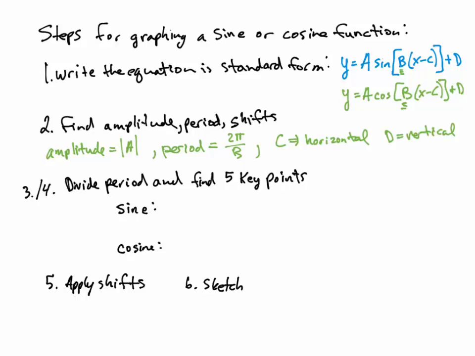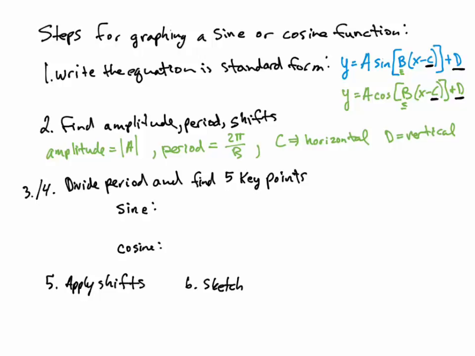Now if we can think back to the transformations we saw in section 2.7, all of these items, the a value, the b value, the c value, and the d value, follow very closely to what we saw with the other shifts. The easiest one to see is the d value. That's just a vertical shift, a shift up or down. The c value, that's a horizontal shift. If we see negative c there, that's going to be a shift to the right.